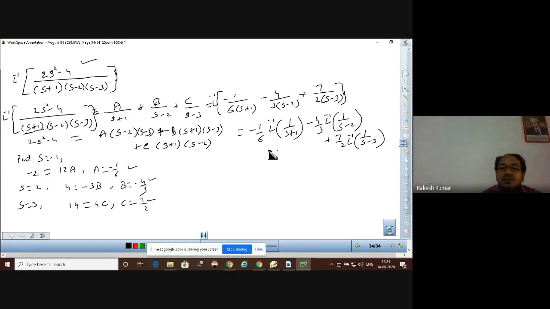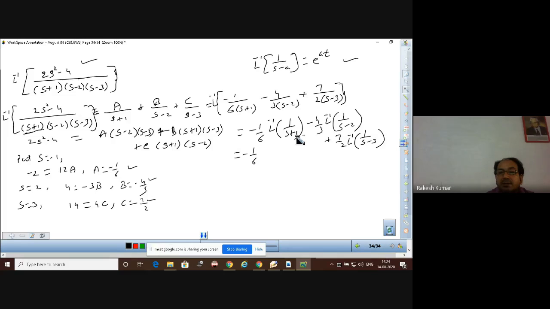Now you can straight away use the formula: Laplace inverse of 1 over s minus a is equal to e raised to power at, the exponential formula. So you can use this formula and get the answer.